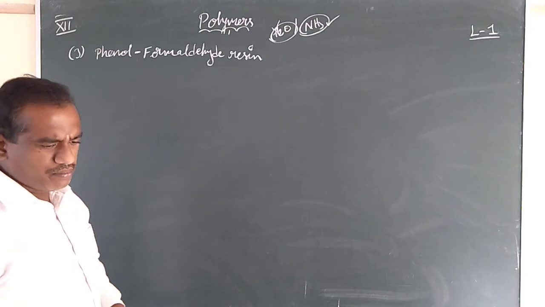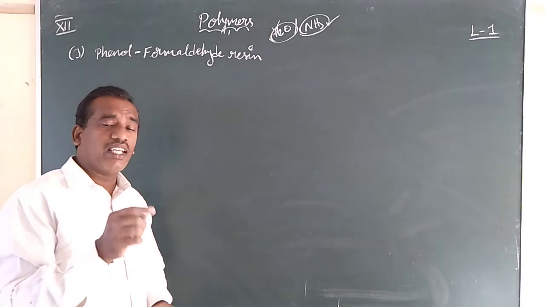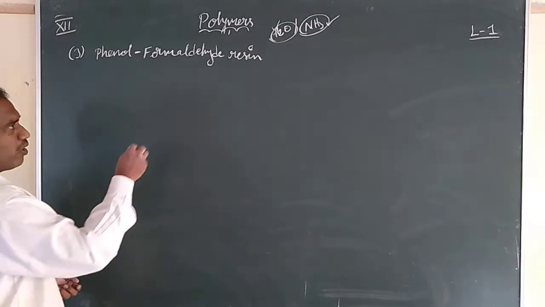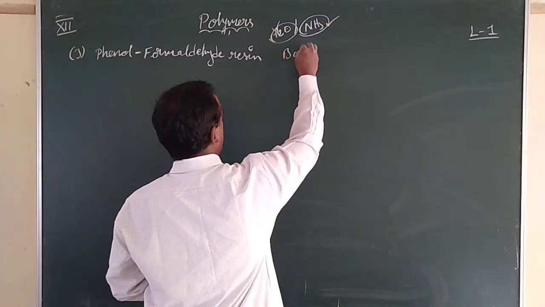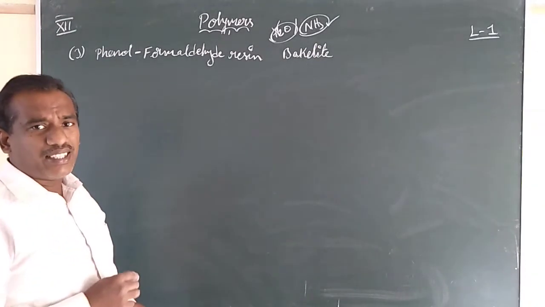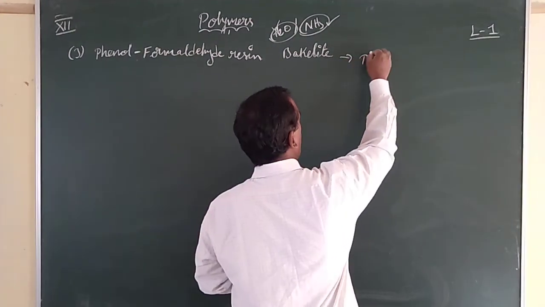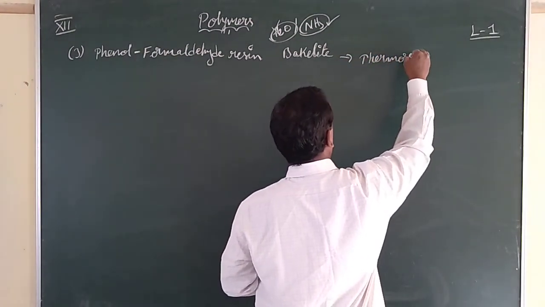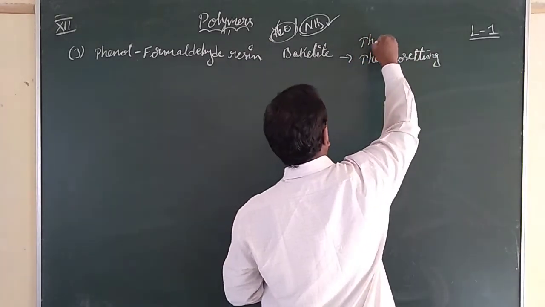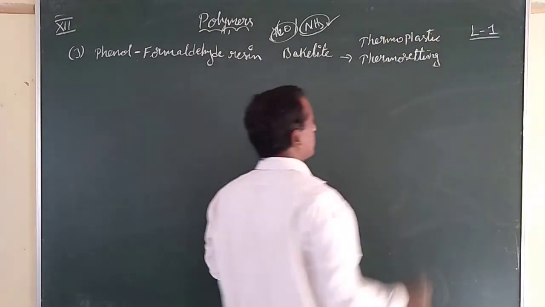See children, once we observe our switchboards, the electrical switches, they are hard because they are made of a polymer called bakelite. This bakelite comes under a type of polymer called thermosetting polymer. There are mainly two types of polymers, thermoplastic polymers and thermosetting polymers.